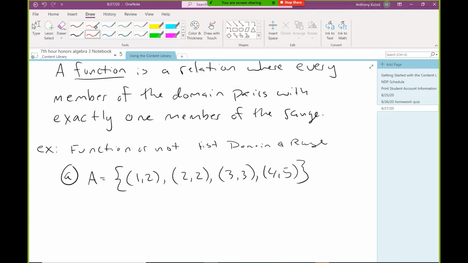The last thing we need to make sure is that everything in the domain pairs with exactly one thing in the range. Is that going on? Yes. Basically, I'm just looking to make sure that each of my x coordinates are unique, which they are. Okay, so we can conclude this is a function. The domain is 1, 2, 3, 4. What's the range going to be?